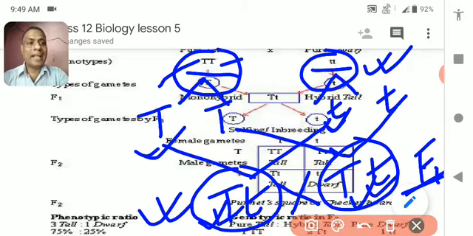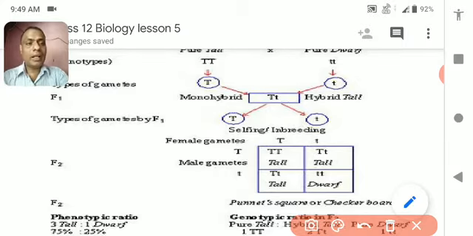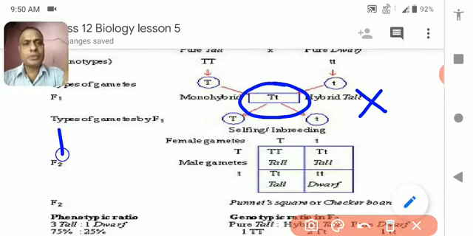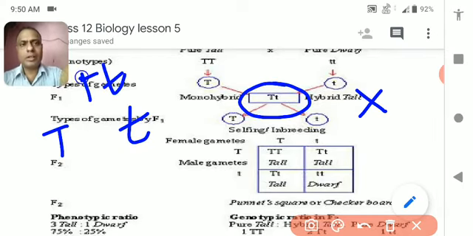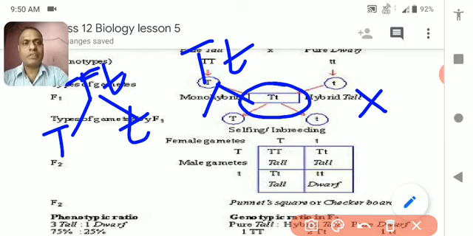So what had happened? Just see. The offspring produced in F1 generation, after self-pollination, produce two gametes. Suppose this is one of the plants, it produced two gametes, that is capital T small t, and this is the another plant of F1 generation, it also produced capital T small t.